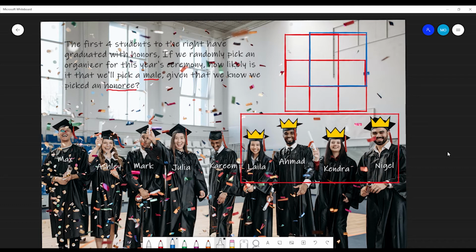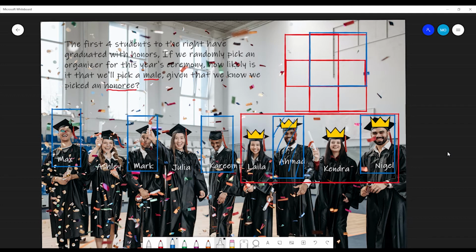So now we have a total of 5 males, as we explored earlier. It's Max, Mark, Kareem, Ahmed, and Nigel. Now, since we know that we picked an honoree, it wouldn't make sense for us to consider Kareem, Mark, and Max. So we are only concerned with those males that meet both criteria of being male and also being an honoree.